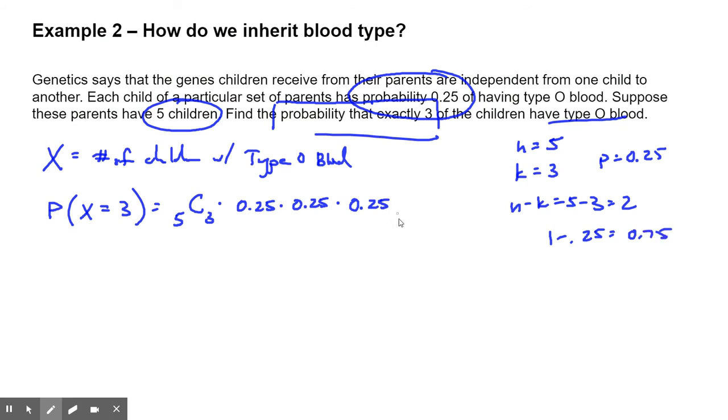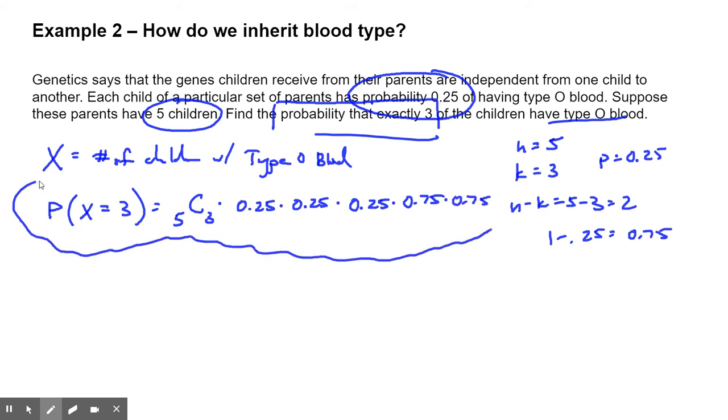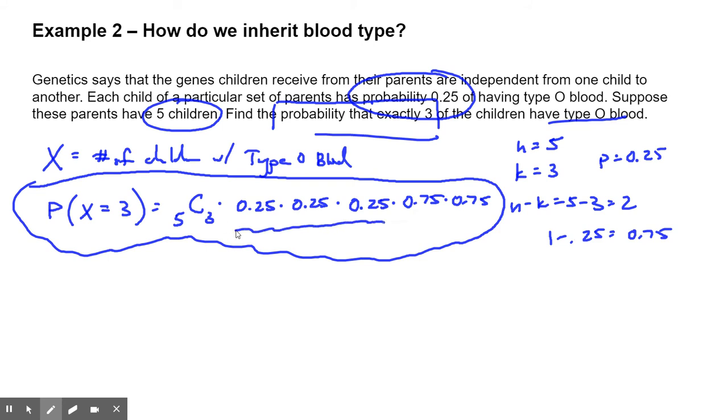So now I need to line up times 0.75 times 0.75. So this right here, this is the elongated formula. And again, we did this part back in section 4.6 when we learned the multiplication rule for independent events. And again, this was 4.8.